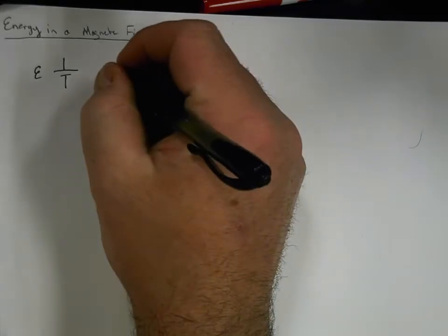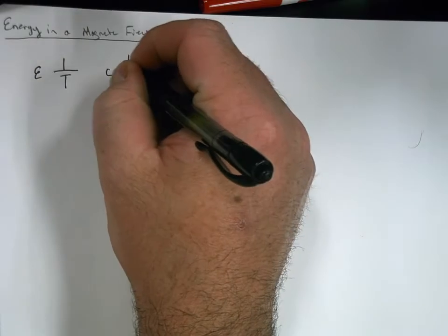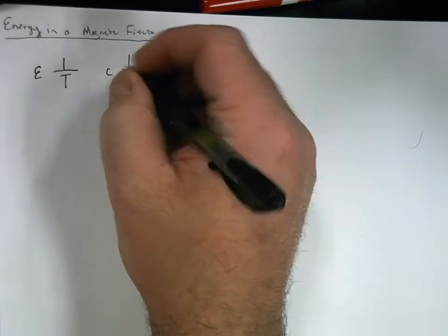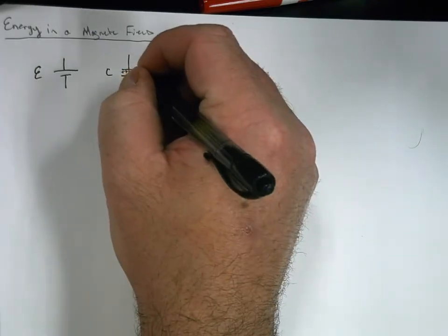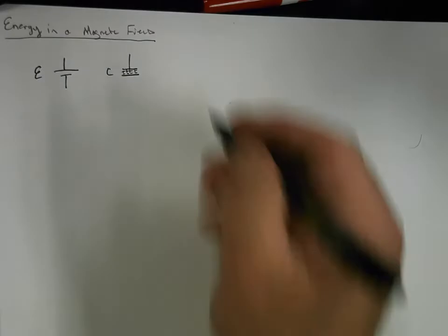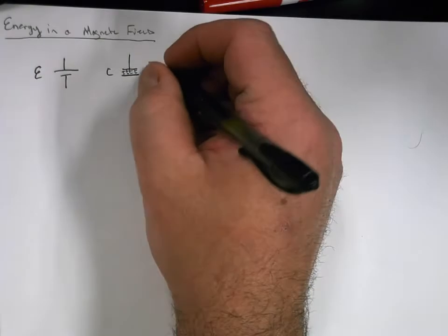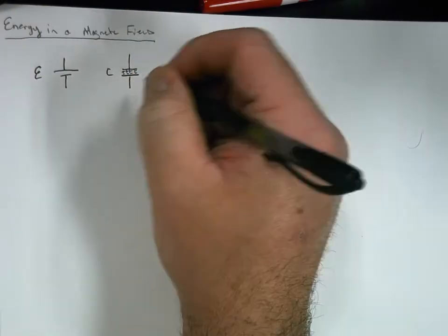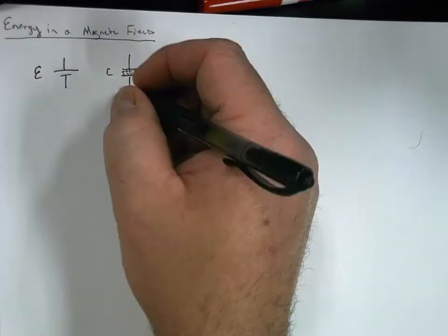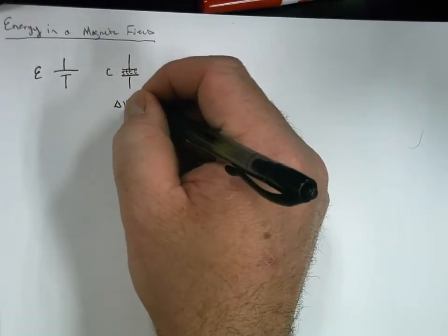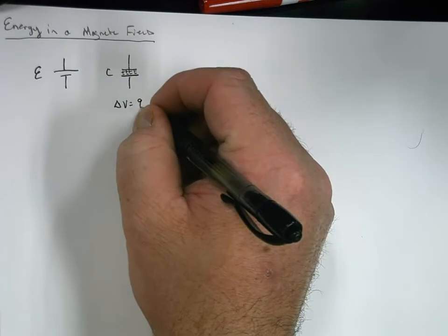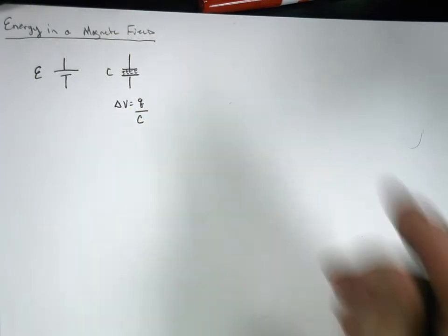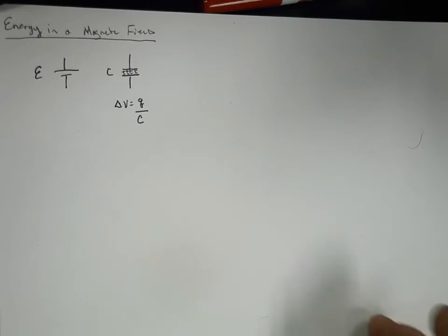We have our capacitor, which has our charges in there, and we have our electric field going across. And the change in voltage on this is Q over C, right? Or Q equals CV. Our charge equals our capacitance times our voltage.